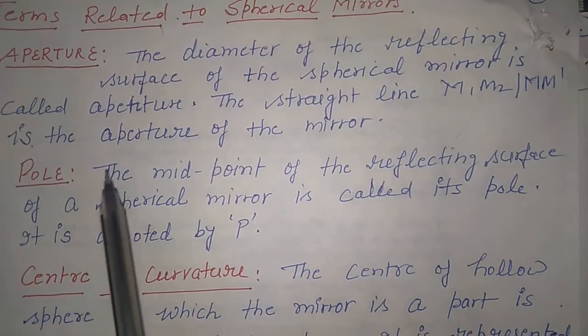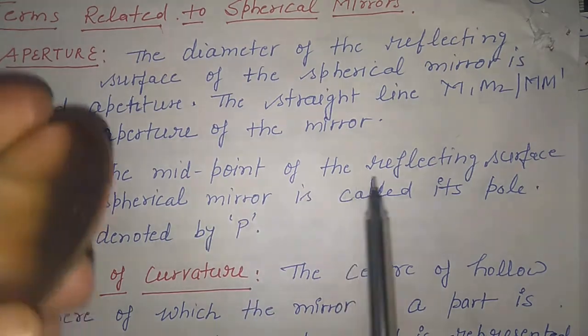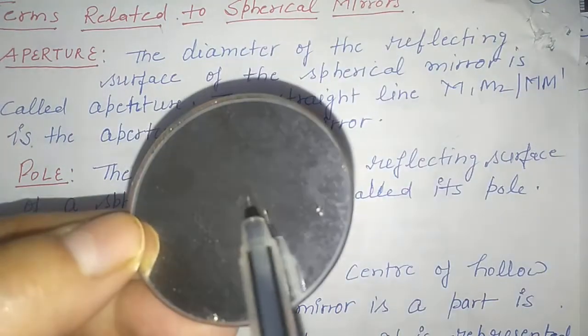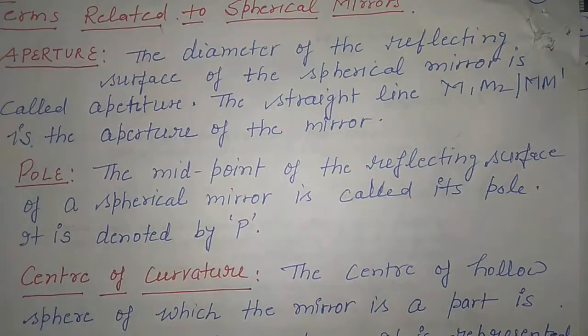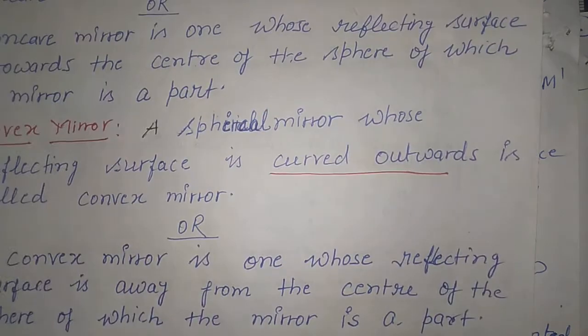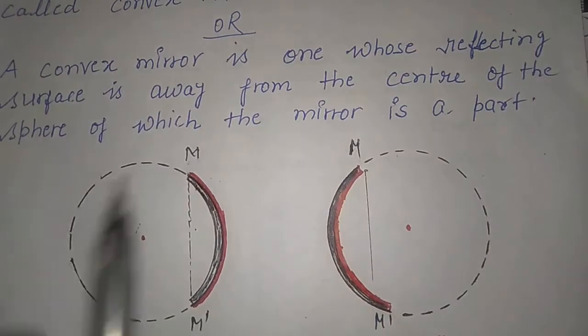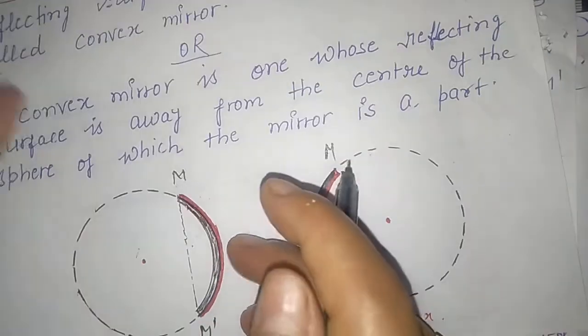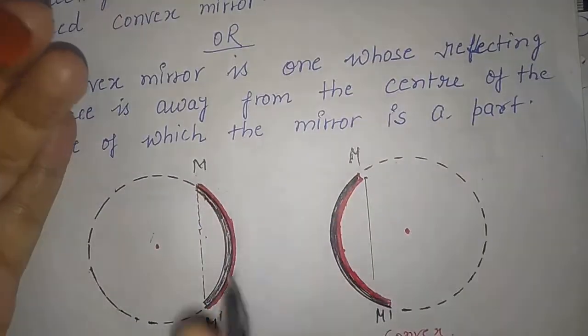Second is the pole, the midpoint of the reflecting surface. This is the reflecting surface, like a circle. If we take the center of this mirror, we keep it like this. We show it here because this is a plain figure.